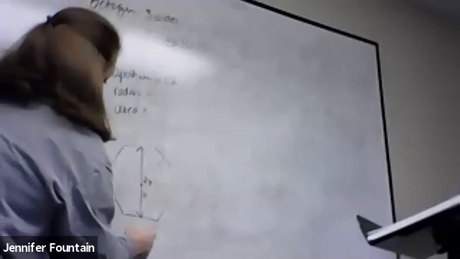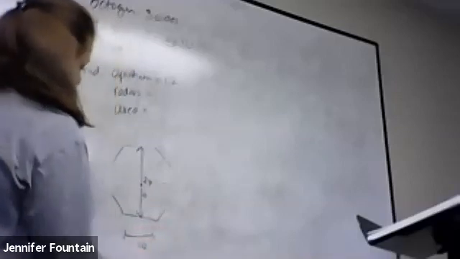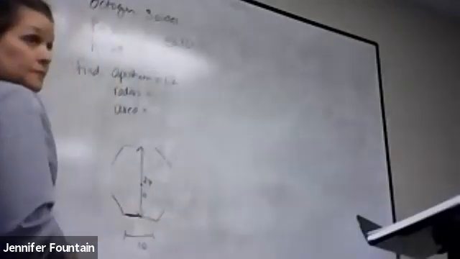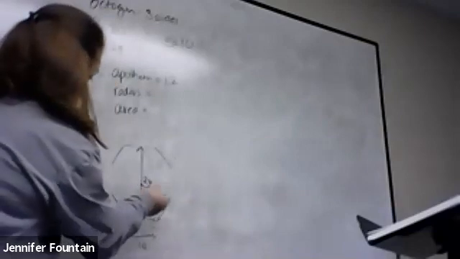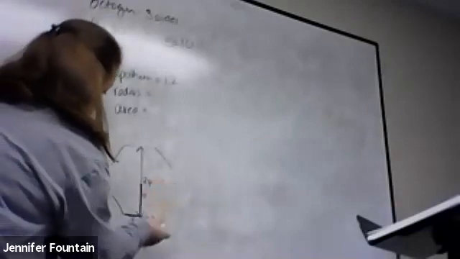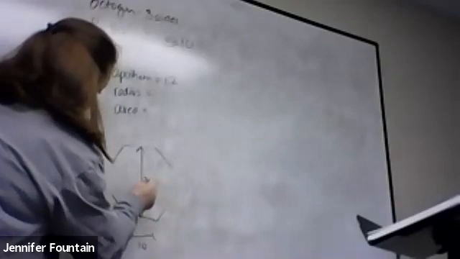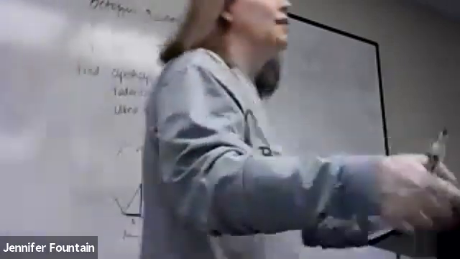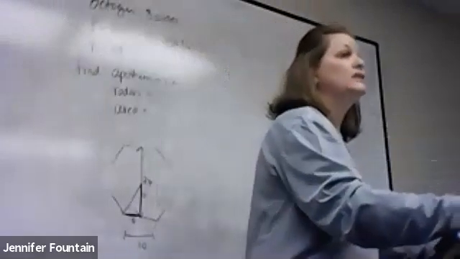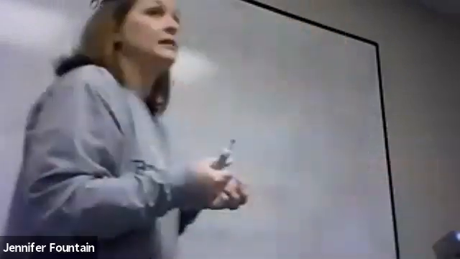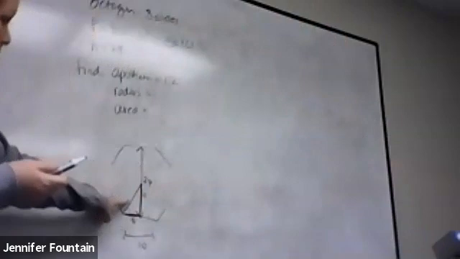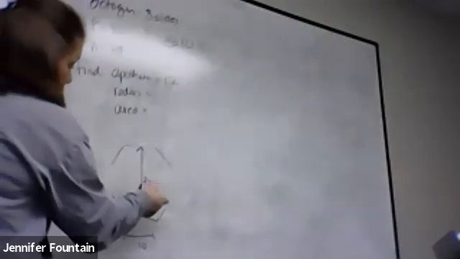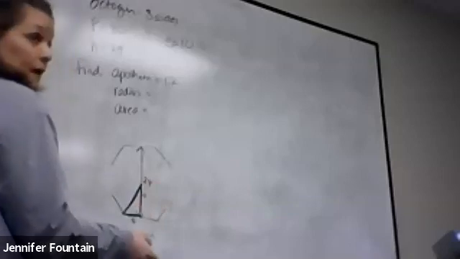If I know my entire side right here is 10, what does that mean this little segment here is? 5. So now I know this is 12, this is 5, and I've got to find my radius. So when I make that right triangle, what side of my triangle is that? That's the hypotenuse, right? So this is what's going to be my radius.